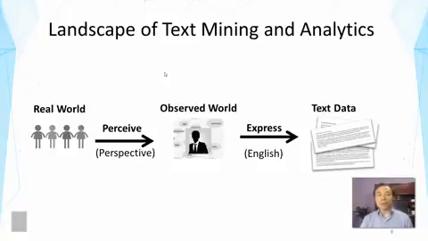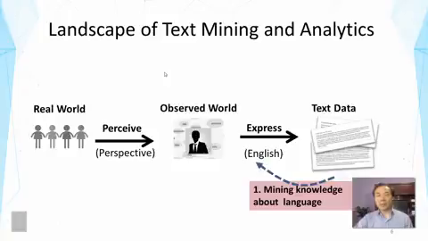So the main goal of text mining is actually to reverse this process of generating text data. And we hope to be able to uncover some aspects of this process. Specifically, we can think about mining, for example, knowledge about the language.